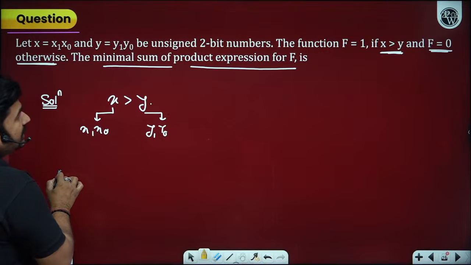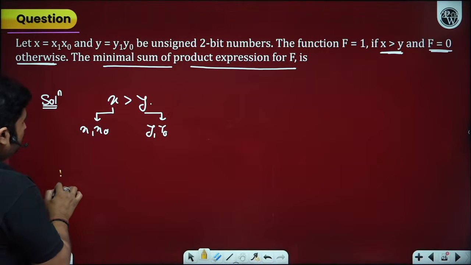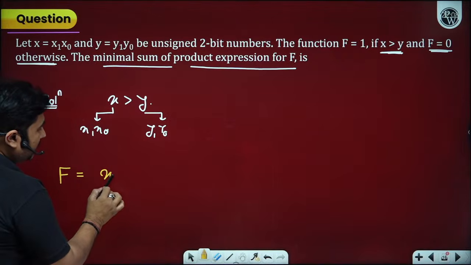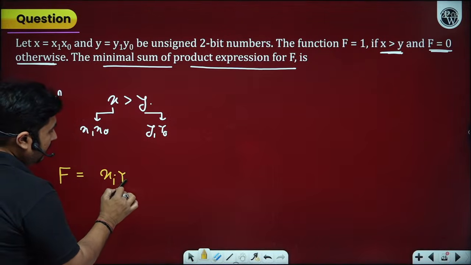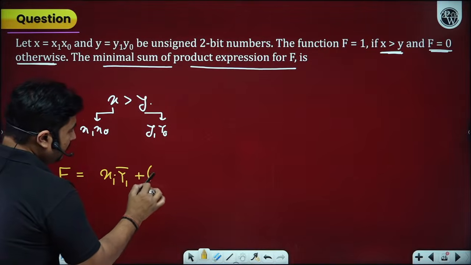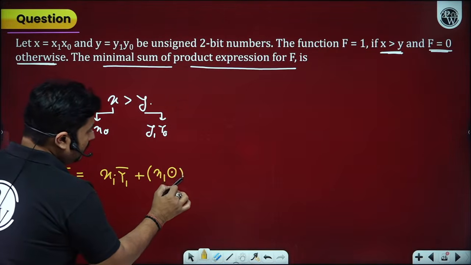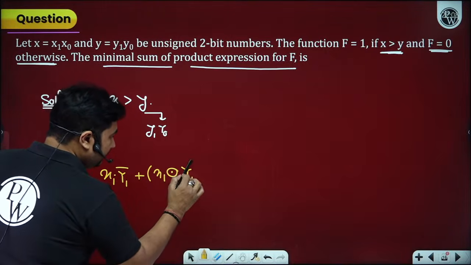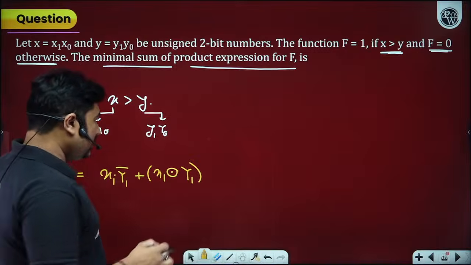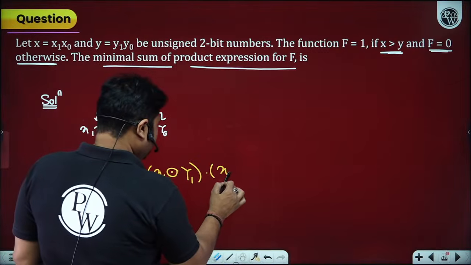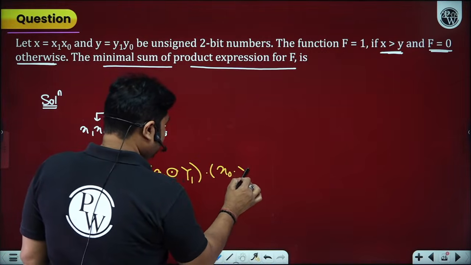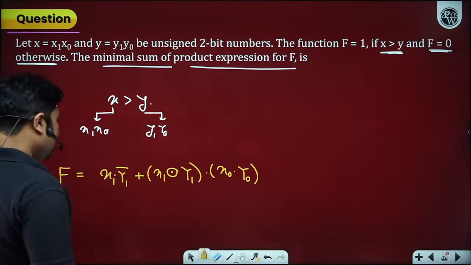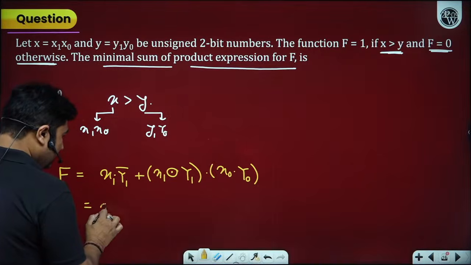We have a logical expression of the function f for x greater than y: x1 y1 complement plus (x1 XNOR y1) times x0 y0 complement. So if the MSBs are equal, then LSB x must be greater than LSB y. But we have to expand this to find the minimized form.